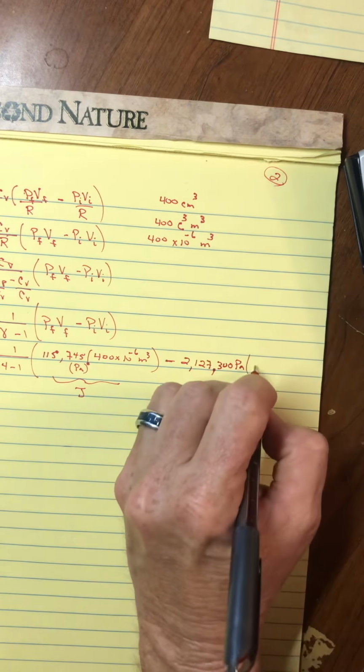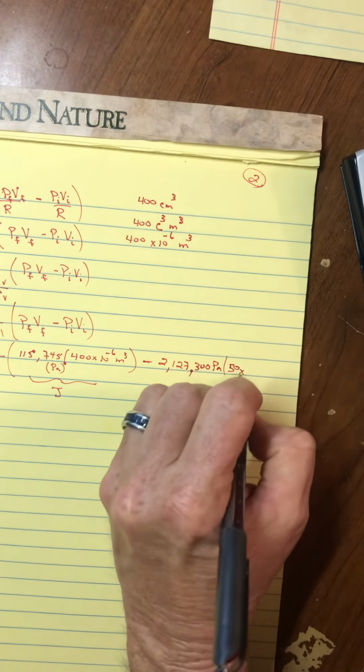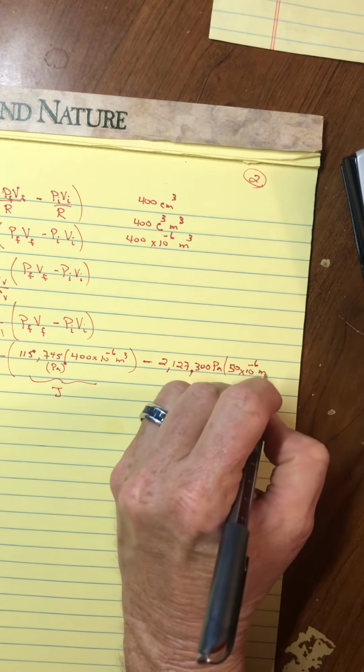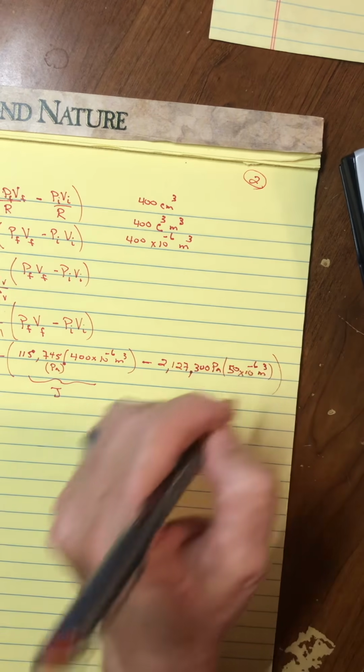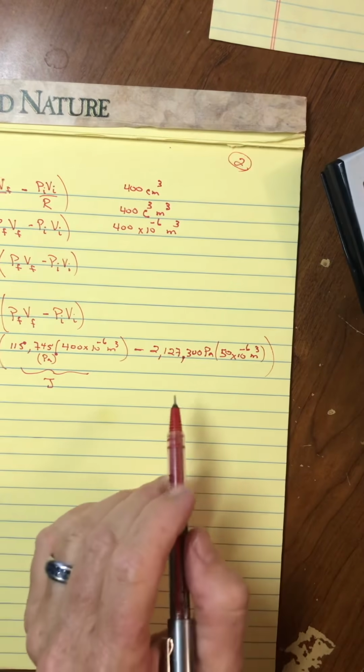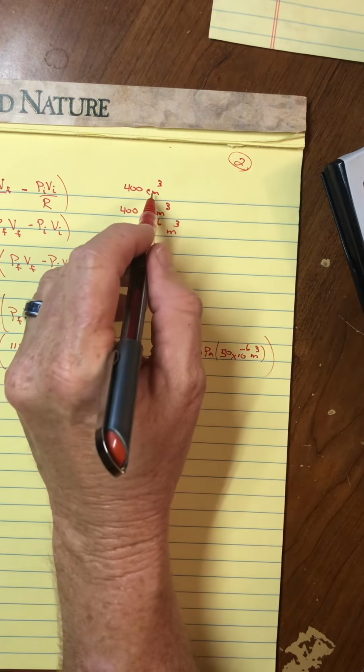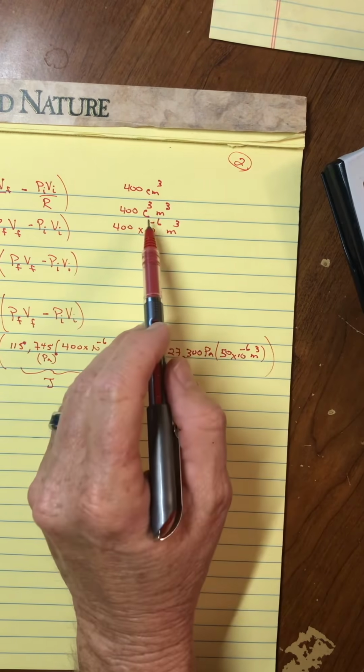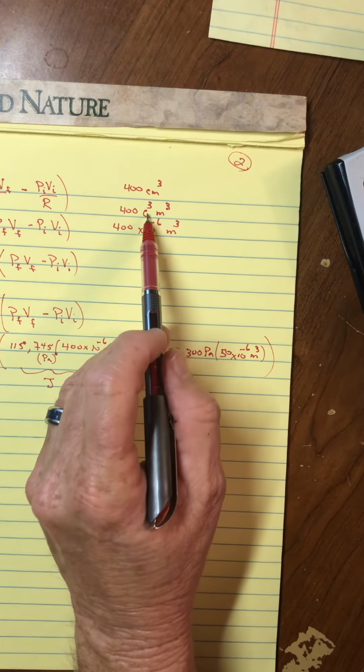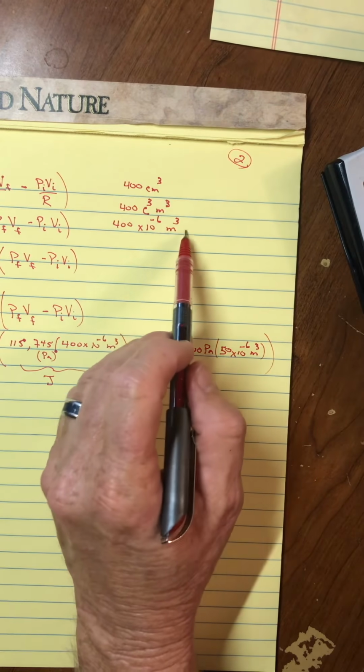And then times a volume of 50 times 10 to the minus 6 cubic meters. Doing the same logic, a cubic centimeter is a centi cubed, that's 10 to the minus 6, and then a cubic meter.